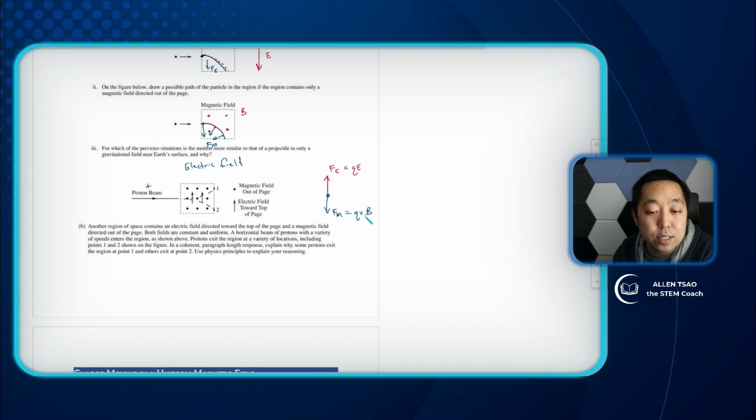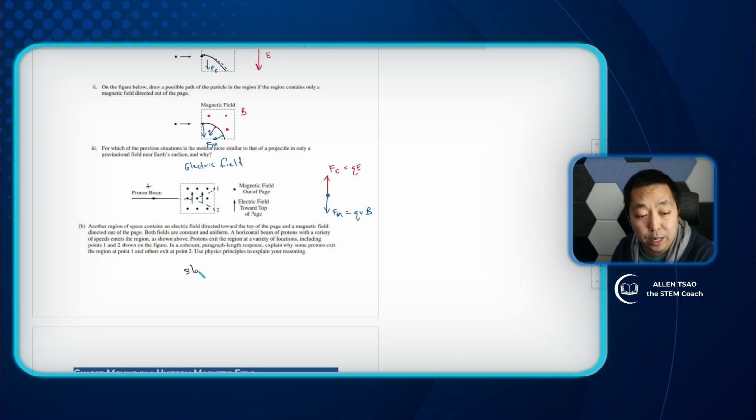And so what happens is the magnetic force depends on how fast we're going. The magnetic field can be the same strength, but the speed differs. So the ones that are going to number 2 have a greater velocity. So that means the downward force is greater. Whereas the ones that are going up to 1, the electric force is greater, which means they're going slower.